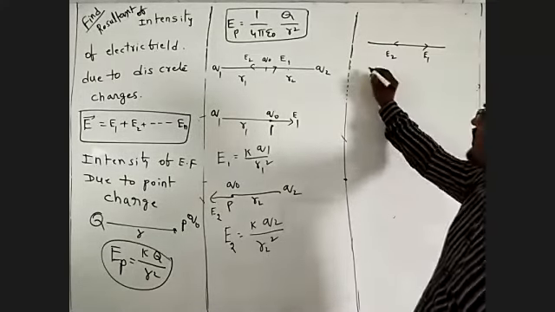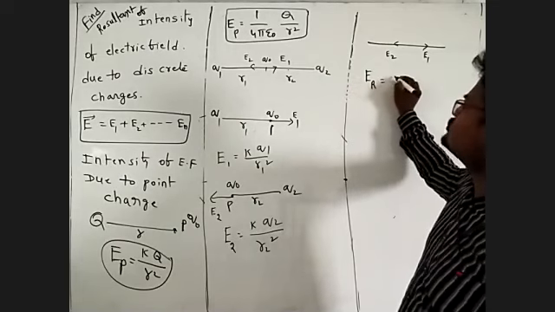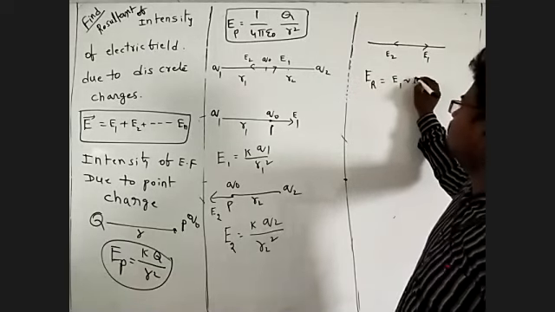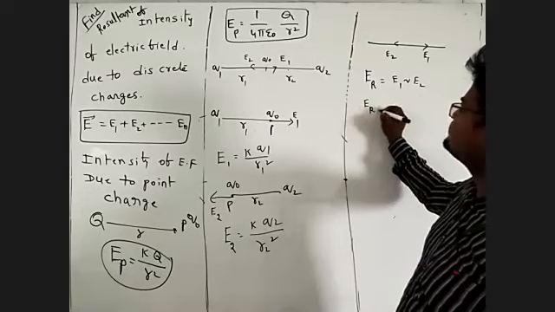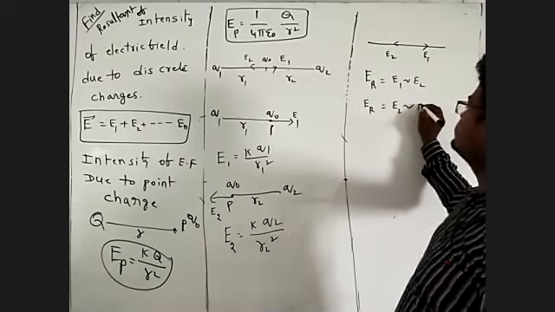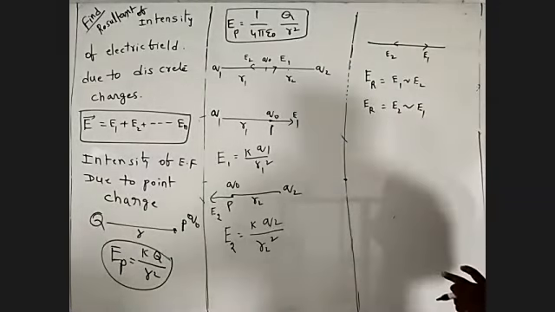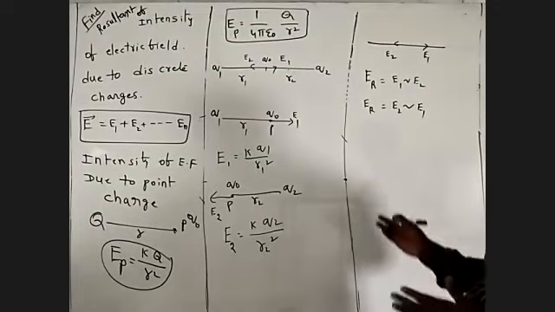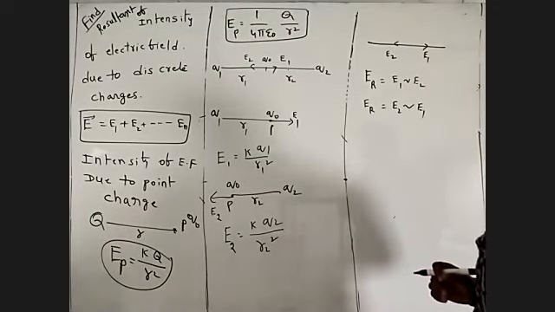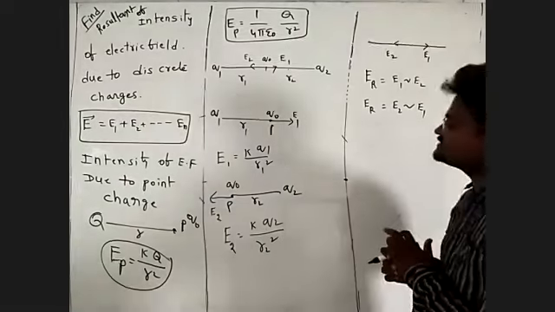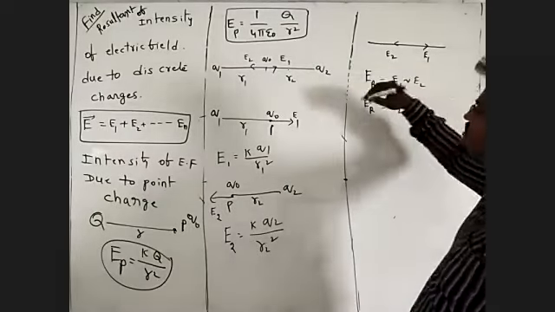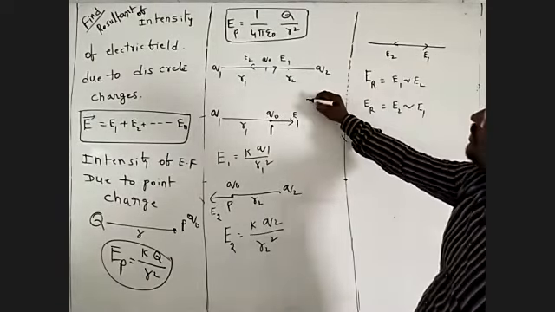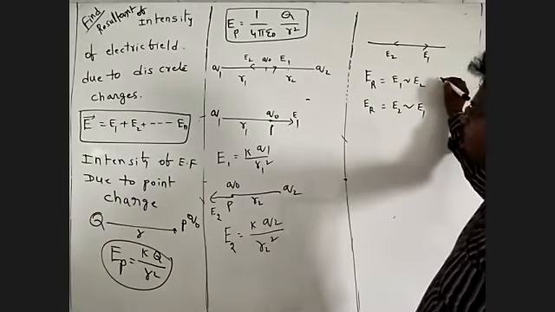The resultant of electric field is equal to E1 or E2. Suppose the distance R1 is less than R2.